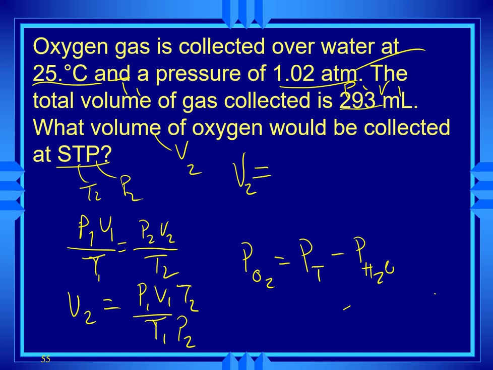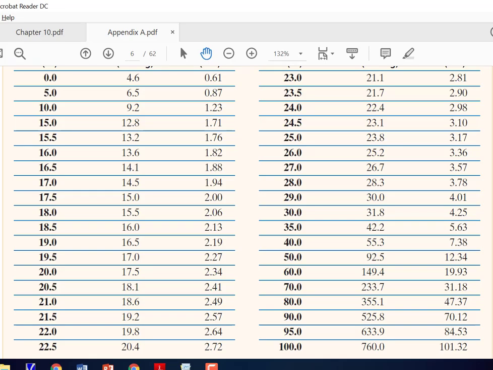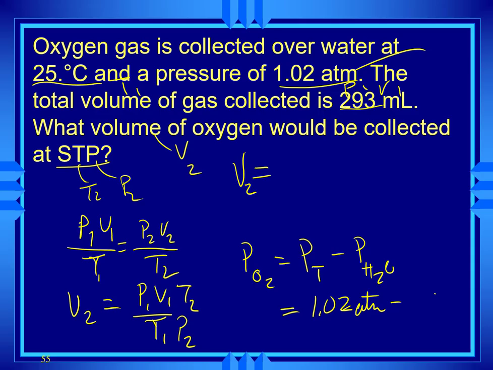So that's going to be 1.02 atmospheres minus, and now I need to look up, the water was 25 degrees Celsius. So I go look up 25 degrees Celsius, and it says it is 23.8 millimeters of mercury. But I can't subtract 23.8 here. Everybody see why I can't subtract 23.8? So I got to take that 23.8 millimeters of mercury and change it into atmospheres. 1 atmosphere is 760.